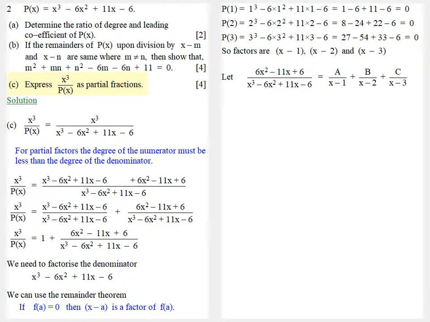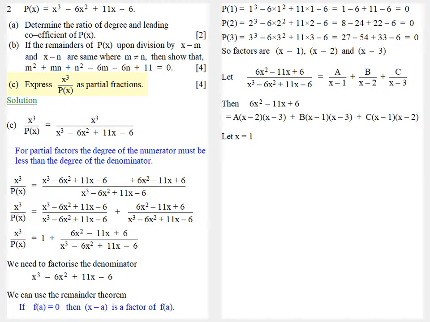Now we can put those three fractions on the right hand side over a common denominator, and we'll have on the top, on the left hand side, 6x squared minus 11x plus 6, and on the right we have a into (x minus 2) into (x minus 3) plus b into (x minus 1) into (x minus 3) plus c into (x minus 1) into (x minus 2). Now this is an identity, so it's true for all values of x.